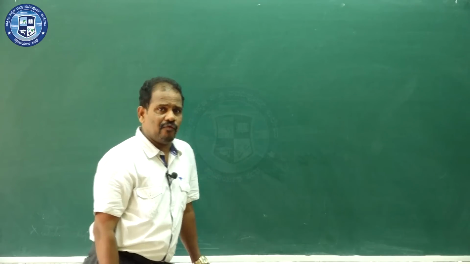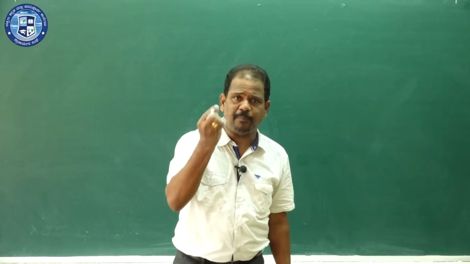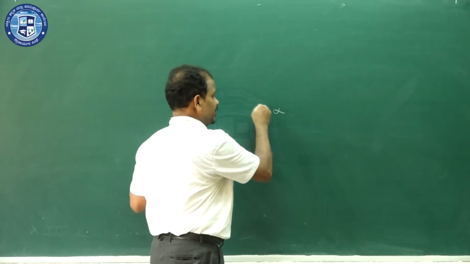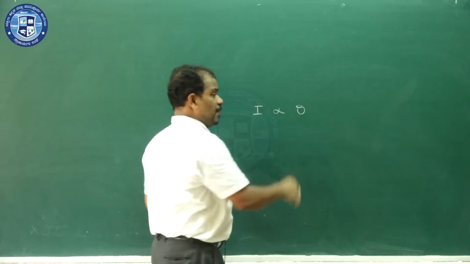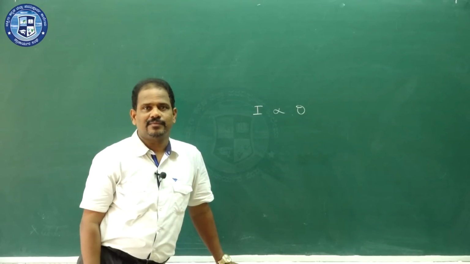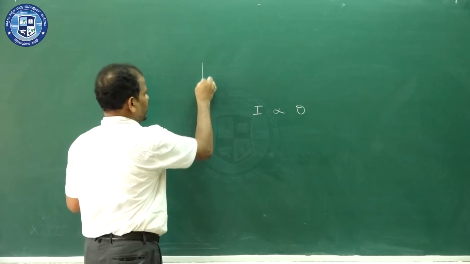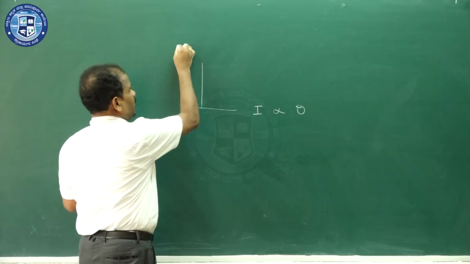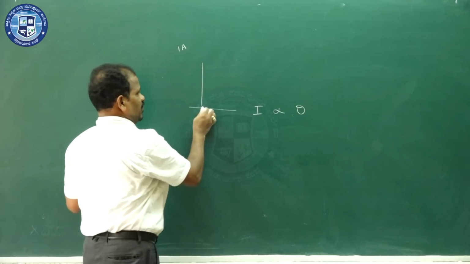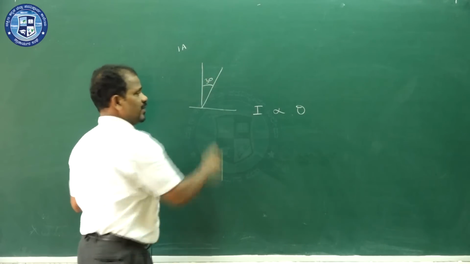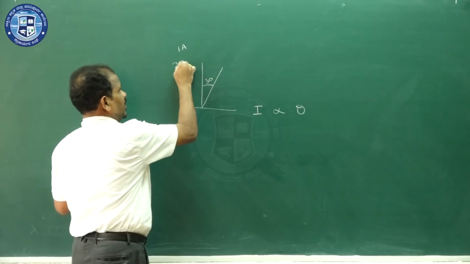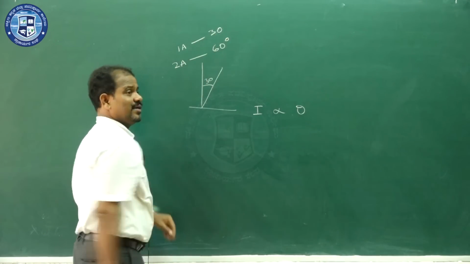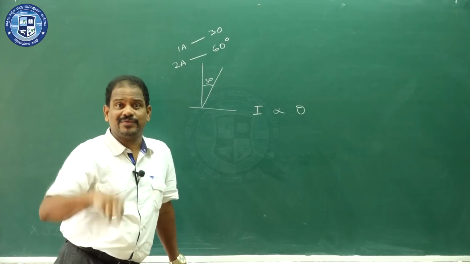In a meter, we have to note two very important points. The first point is the proportionality. Current and angle should be proportional. For example, in the meter scale, when you pass 1 amp current, if the needle gives a deflection of 30 degrees, when you pass 2 amp, the needle has to give a deflection of 60 degrees, not 55.